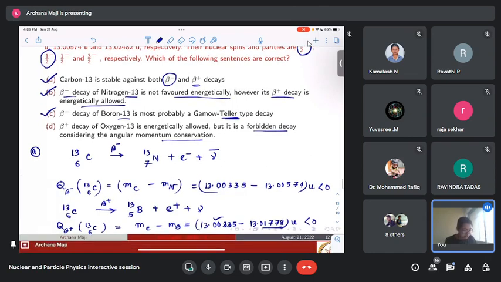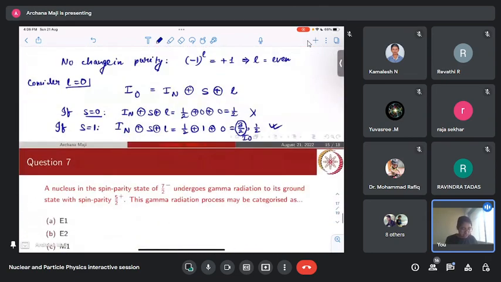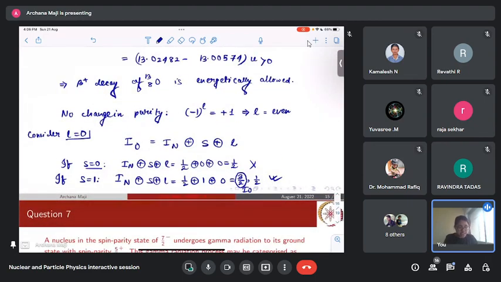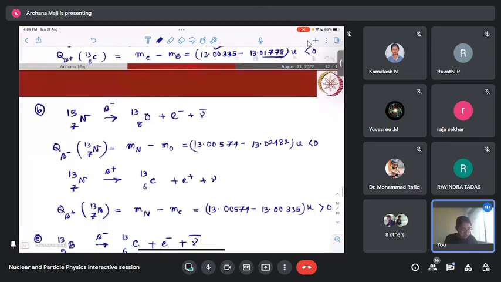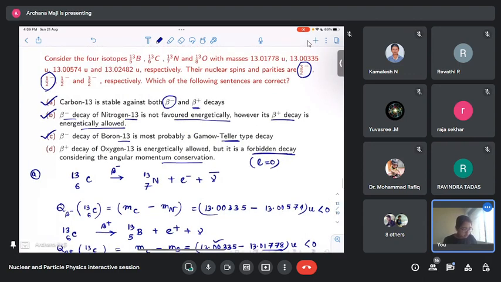Oh, I didn't have to check whether it is S equal to 0 or 1. I'm sorry. I just had to check whether L equal to 0 is a possibility or not. It says it is a forbidden decay, but we saw that L equal to 0 is possible because there is no change in parity. So minus 1 to the power L was plus 1, and that means L can be even, so L equal to 0 is a possibility.